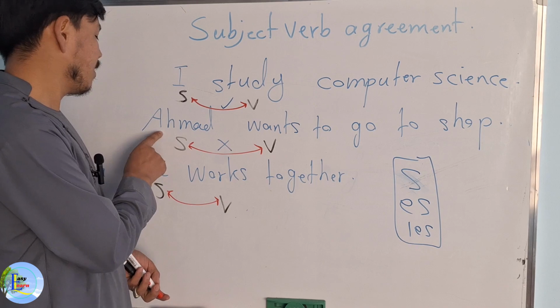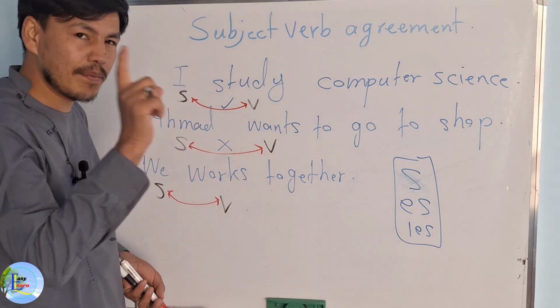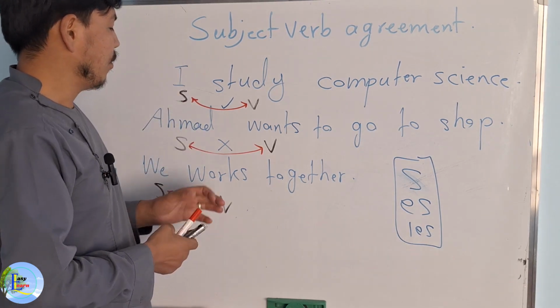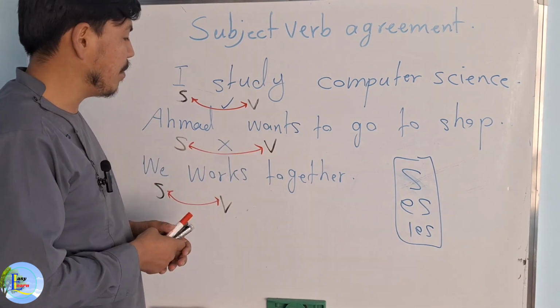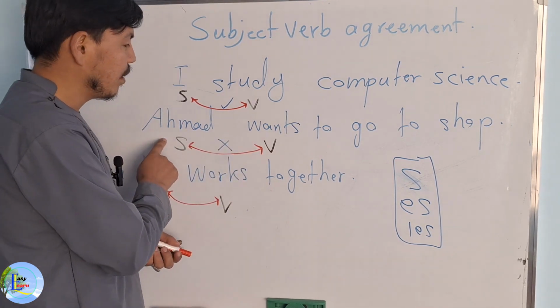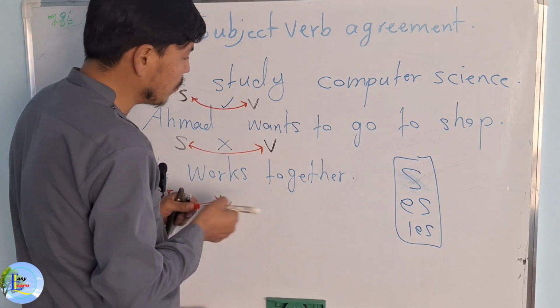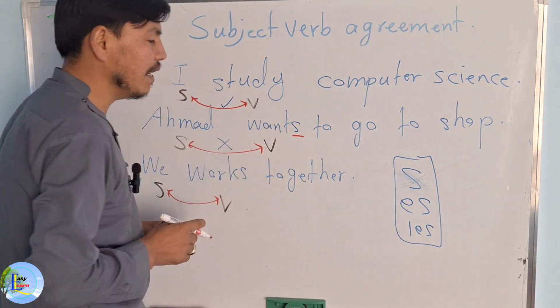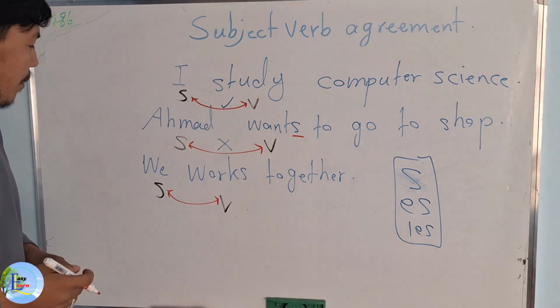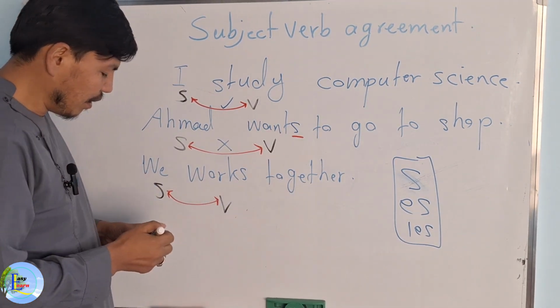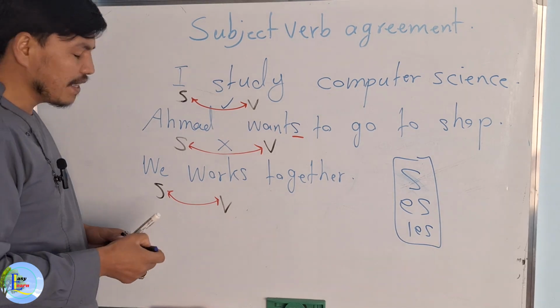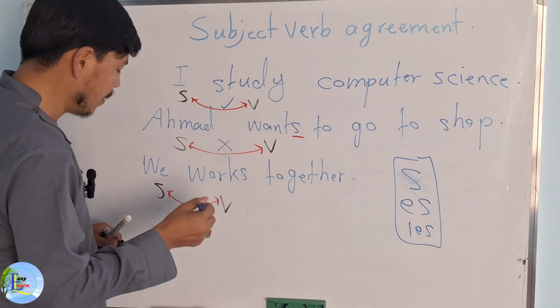So here, Ahmad is one person, and the verb must agree with Ahmad as a subject. So I have to add is at the end of the verb. "We works together." Here again I see there is an error, no?